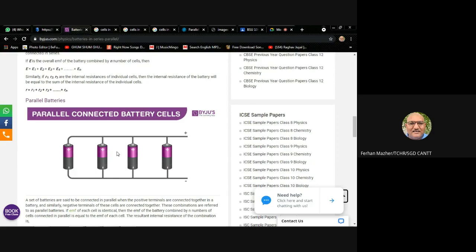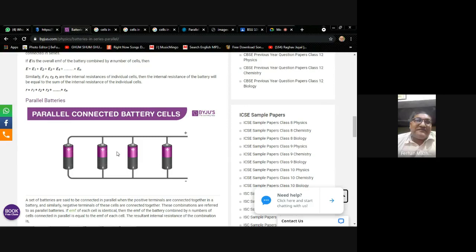That's a big advantage. When you connect the cells in parallel, their life becomes longer. They last longer.